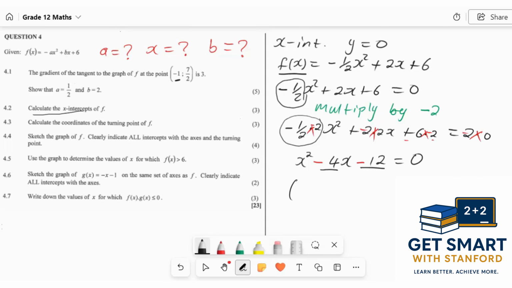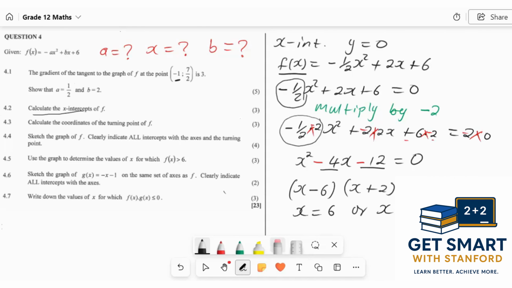Those values are minus 6 and positive 2. So the x values are positive 6 or minus 2. So we are done calculating the x-intercepts, and it's just 3 marks.